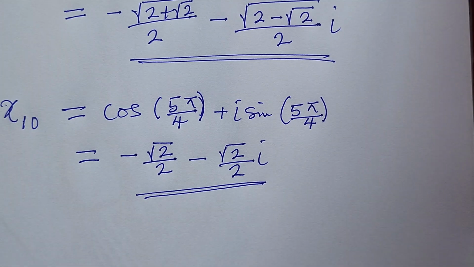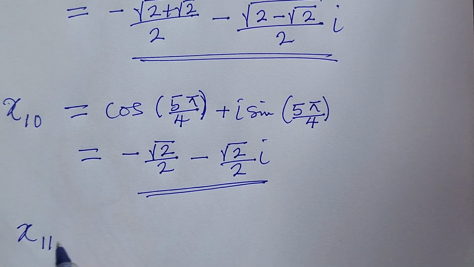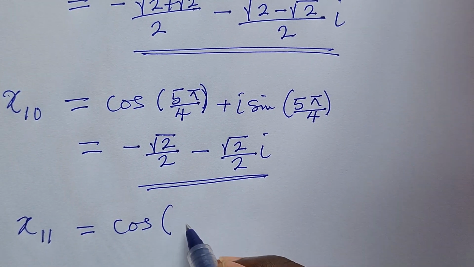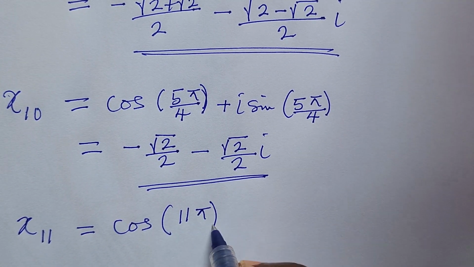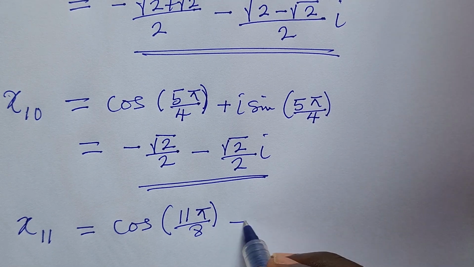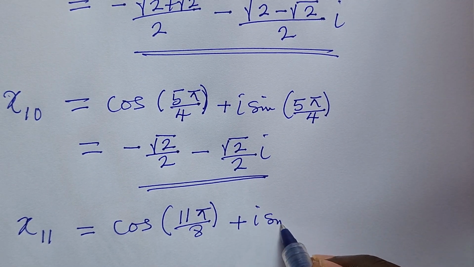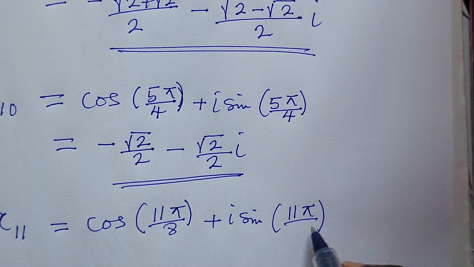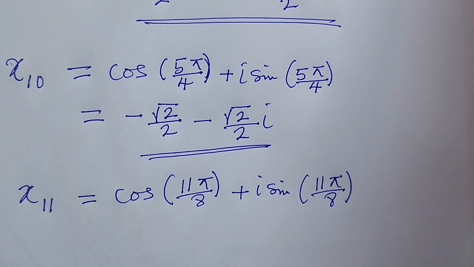Good. Our x11 will give us something special. We have cos(11π)/8 plus i sin(11π)/8.